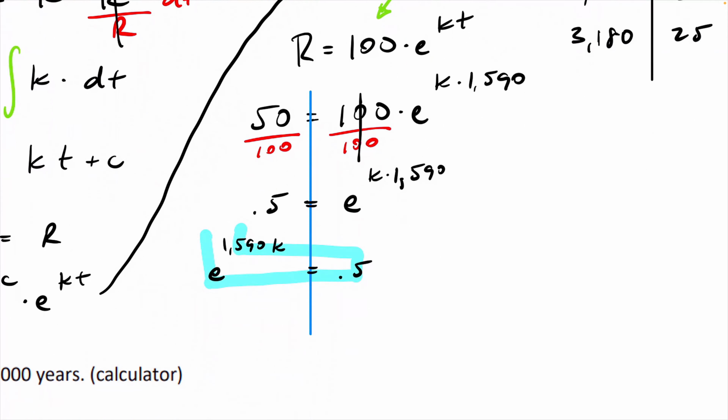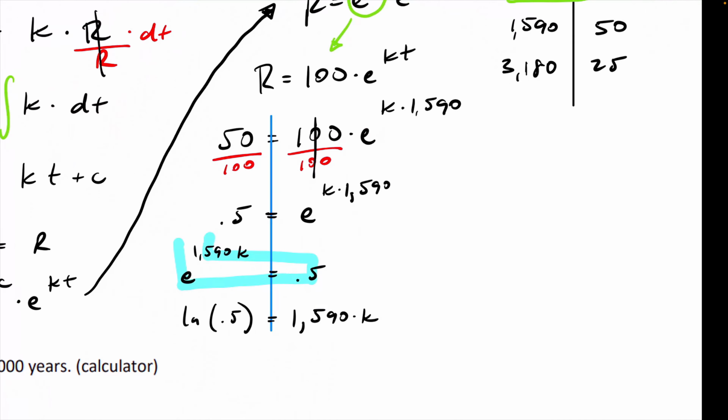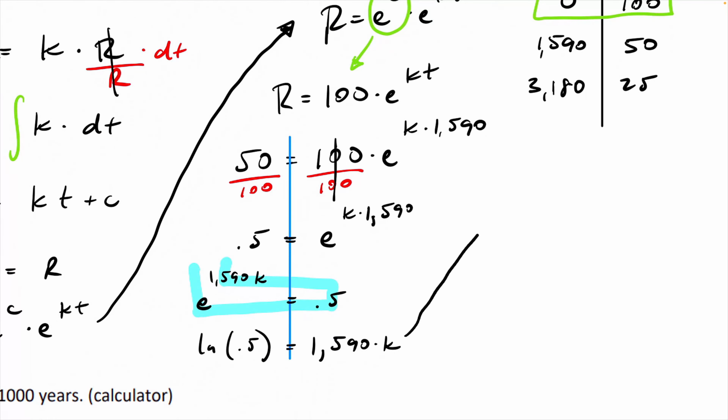So the natural log of 0.5 equals 1,590 times k. Running out of space, so I'll put it here. The natural log of 0.5 equals 1,590 times k.